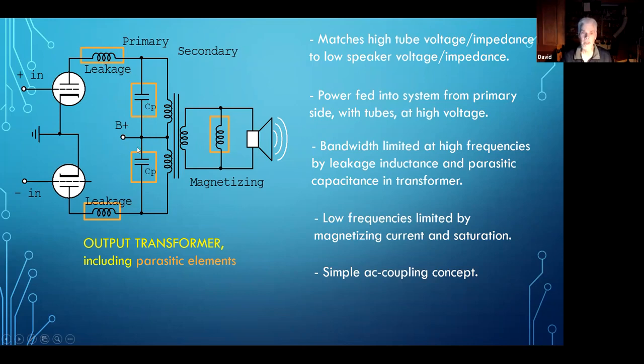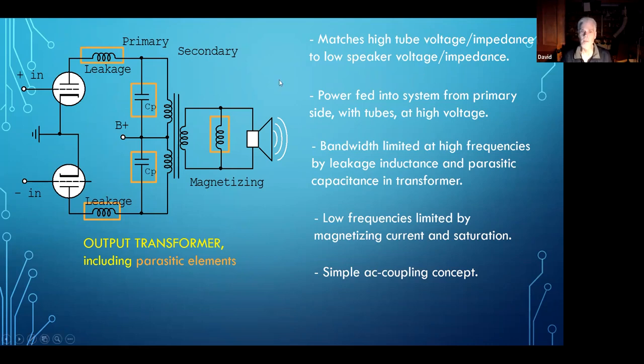But you get the idea that these parasitic elements are interfering with ideal operation of this transformer. This inductor over here represents the magnetizing current, and that limits your low frequency. It also causes saturation of the core. So these parasitics are kind of what fouls the output transformer.